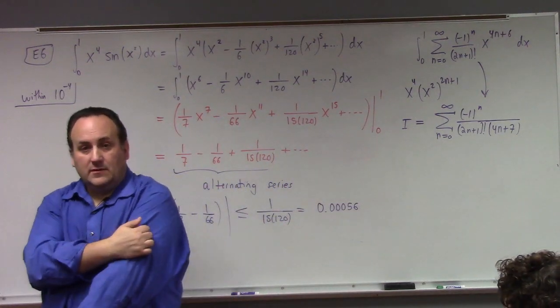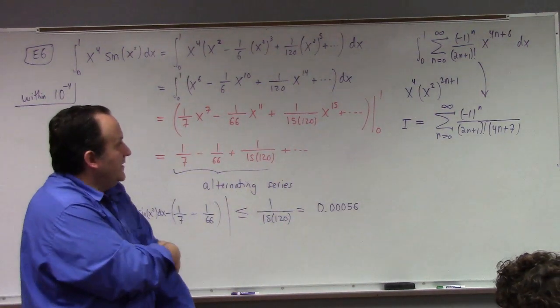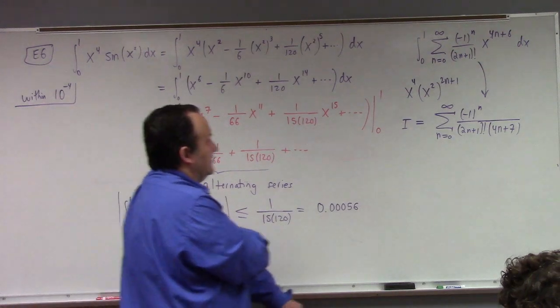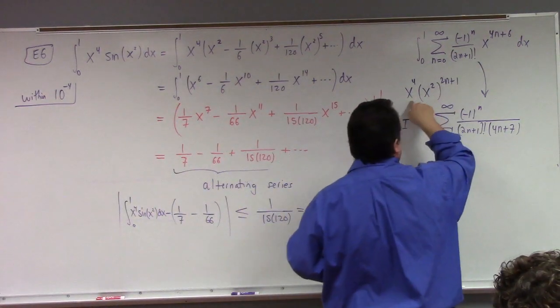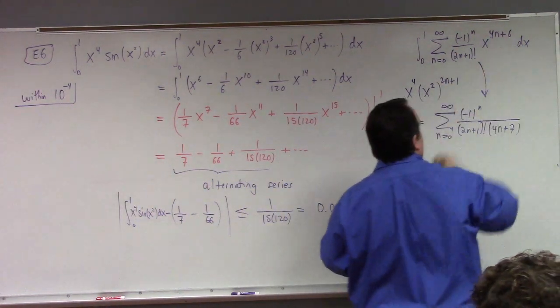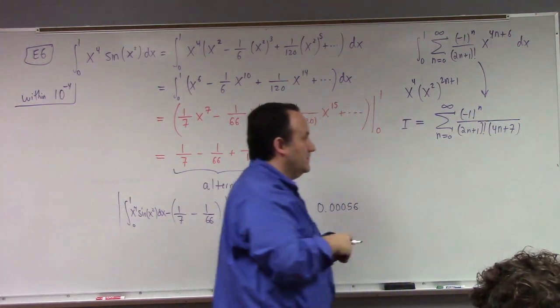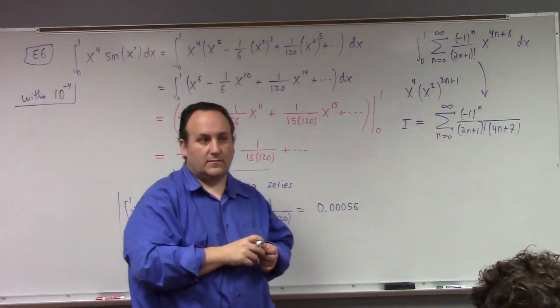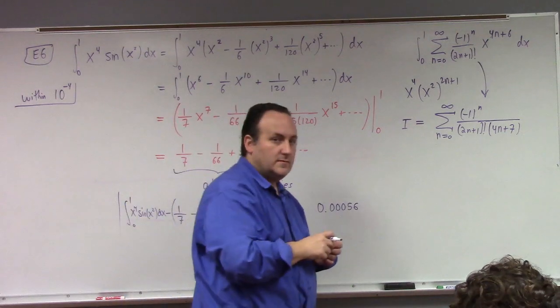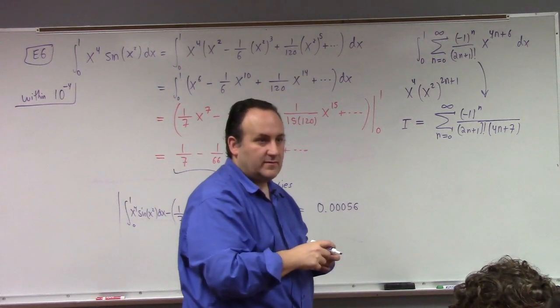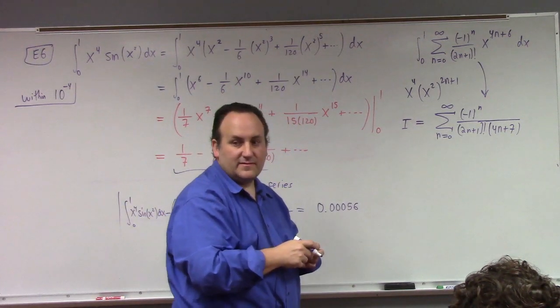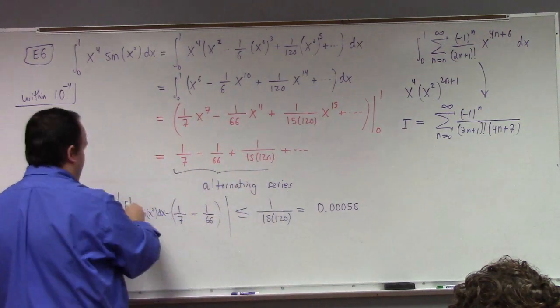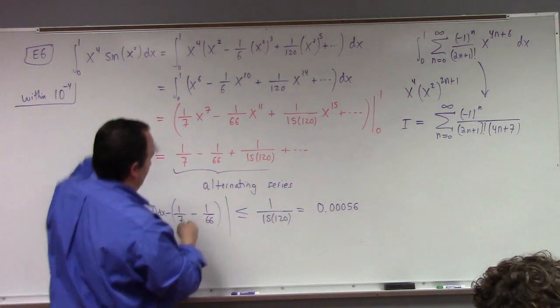Did I not? I thought I added the 6. Because this would have been 4n plus 2, and then we added 4. That gets us to 4n plus 6 when I integrate. You lost your x. Oh, I integrated. You integrated and you left out your x when you rewrote it. Yeah, I integrated, though. I did the integral. My bad.